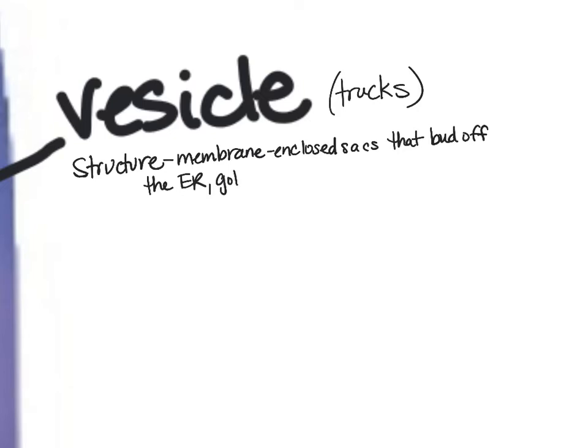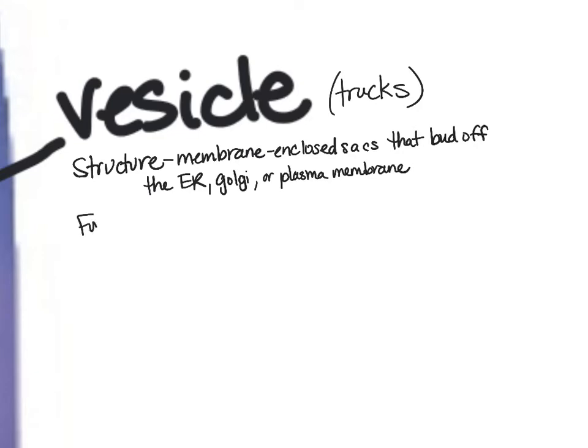The Golgi apparatus, or the Golgi body, is also made up of membrane, so vesicles can bud off of the Golgi apparatus, or the plasma membrane. So they can then come from the plasma membrane. When the plasma membrane is going to grab onto something and bring it into the cell, it can be brought through the cell in a vesicle. Or we can send things out via the vesicles.